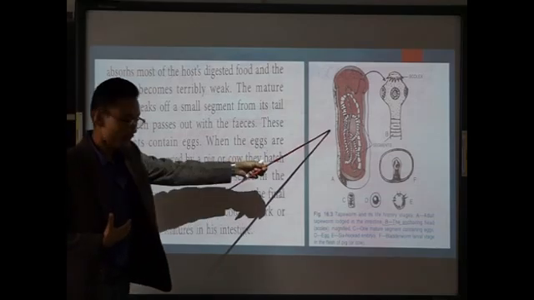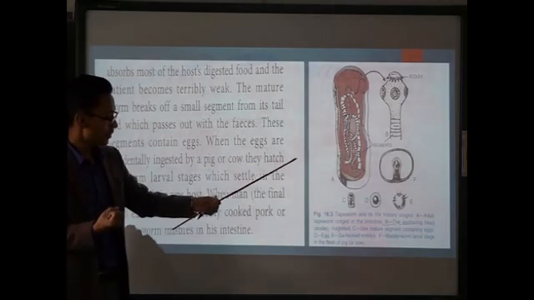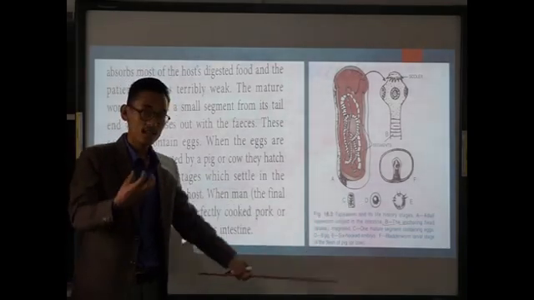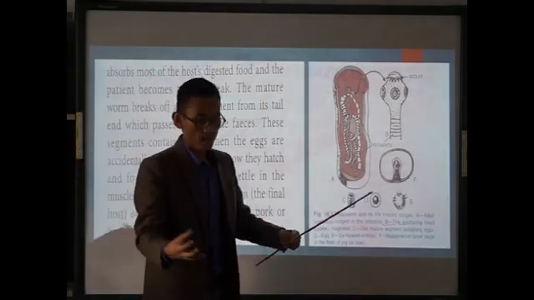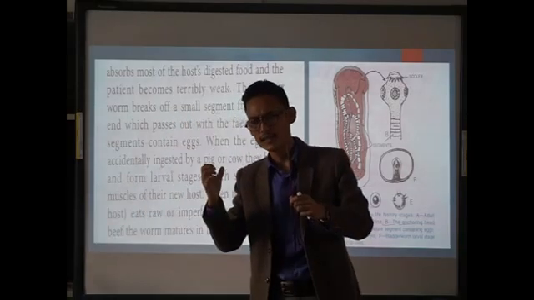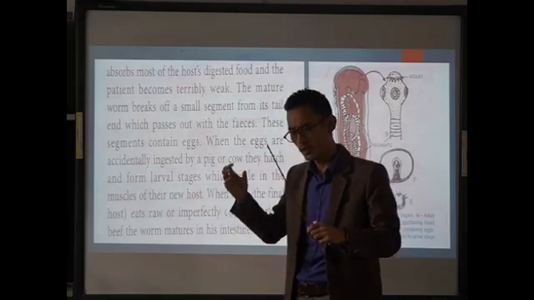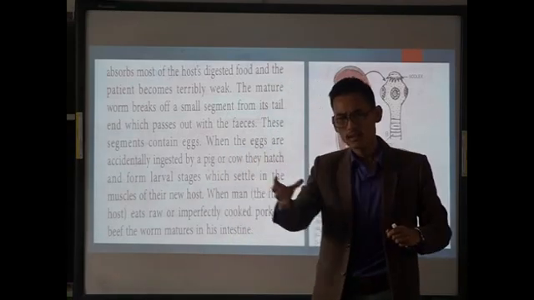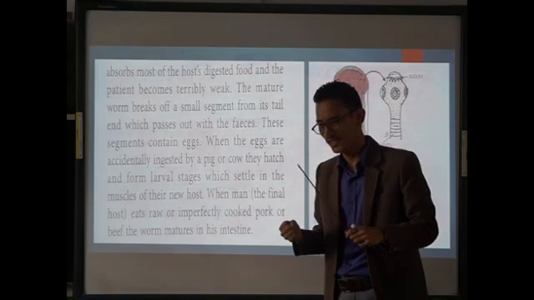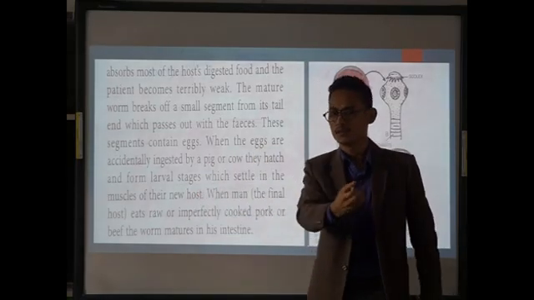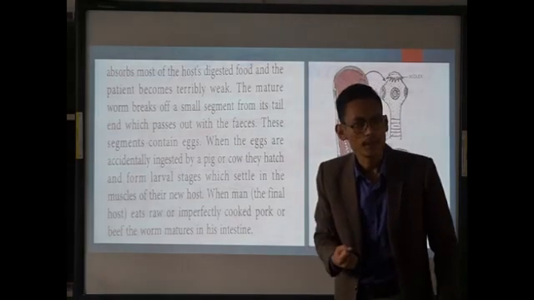Again it will mature. Again it will break off a small fragment of the tail region that contains the egg. That egg can reach the grasses and vegetables, which can be taken accidentally by the cow or the pig. Once those animals take in those eggs, the eggs develop into a larval stage within the body of the cow or the pig.